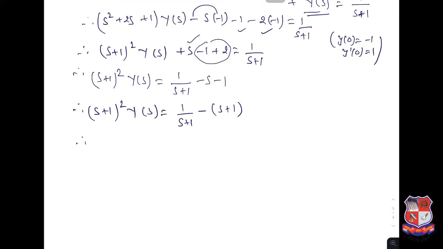Therefore, this Ys is equal to 1 over s plus 1 cube, and minus this s plus 1 over s plus 1 square. So, minus 1 over s plus 1.